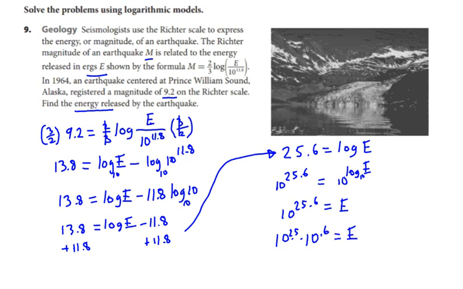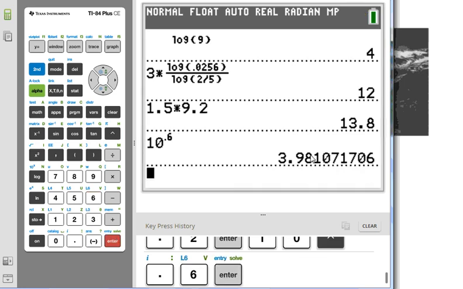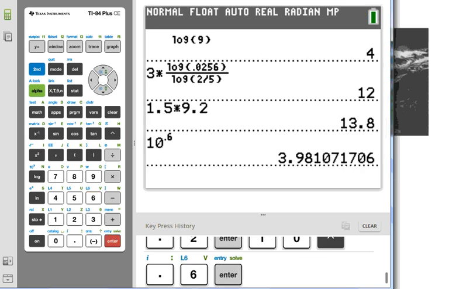To find out what 10 to the 0.6 power is, we can go to our calculator and put in 10 to the power of 0.6. So we get about 3.98.